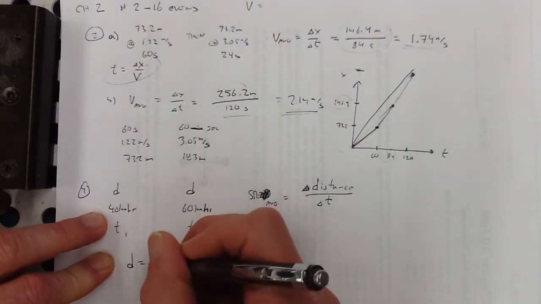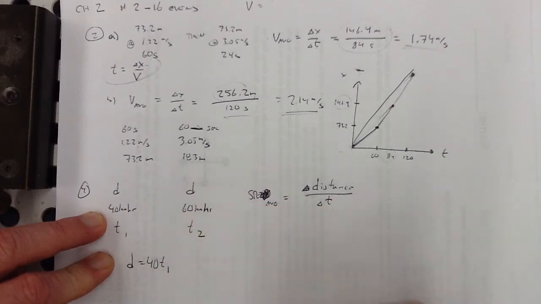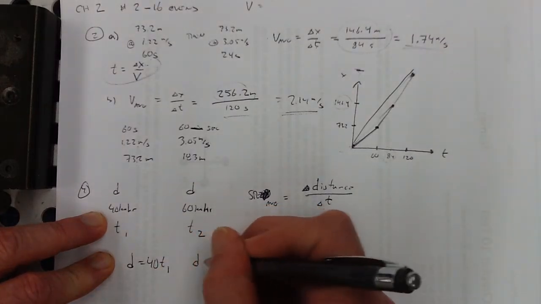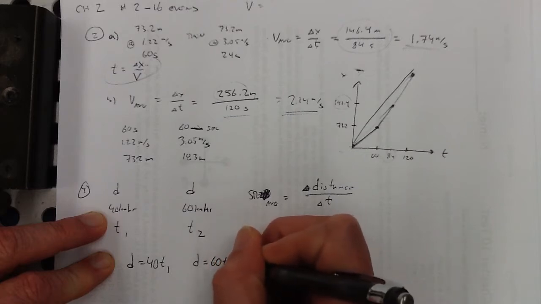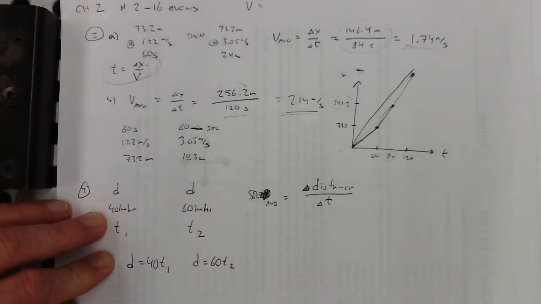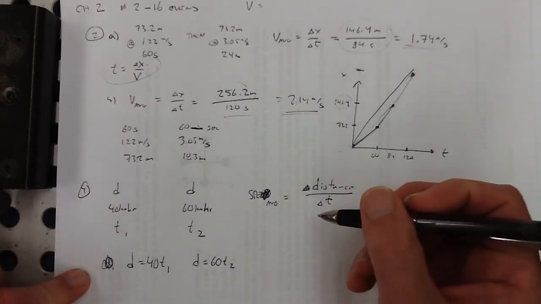So this distance is 40 t1, and this distance is equal to 60 t2. Let's try it this way. We'll see what happens.